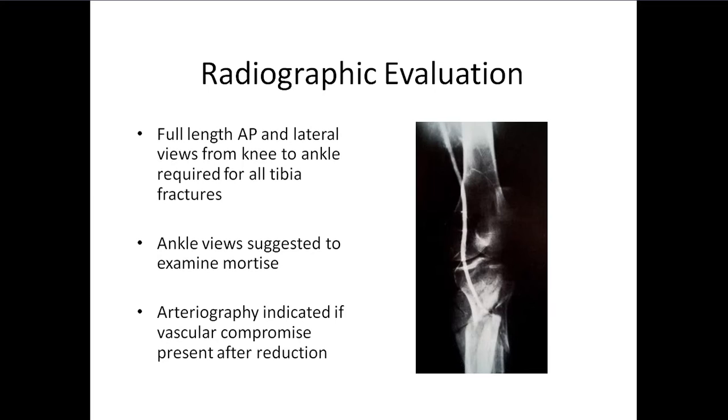Anyone? What did you understand? Full length from knee to ankle should be taken for both the joints, sir. Yes, if there is a fracture in the tibia, you need to include the knee joint as well as the ankle.